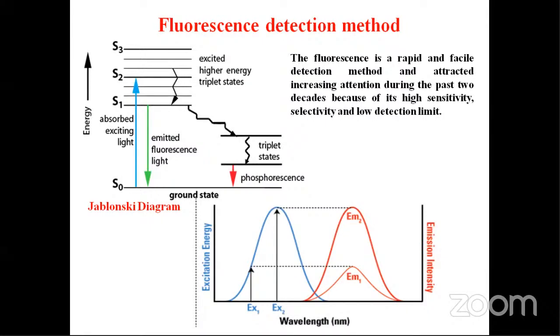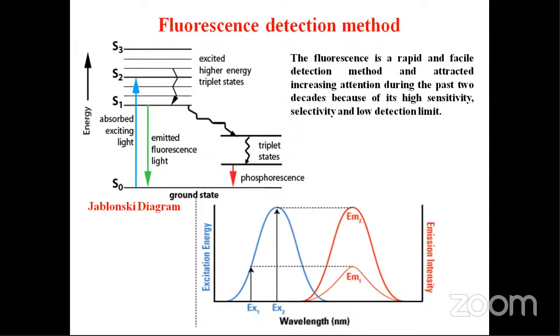In the Jablonski diagram, when the molecule absorbs energy it goes to the excited state, and when it returns to the ground state it emits fluorescence light. That is why fluorescence is a rapid and facile detection method that has attracted increasing attention during the past two decades because of its high sensitivity, selectivity and low detection limit.